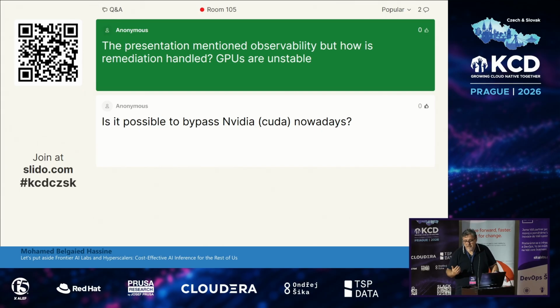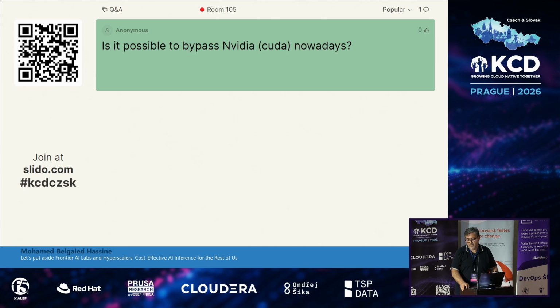I don't know why there is this declaration that GPUs are unstable, but GPUs are like CPUs, right? It's really compute, but done in a different, more parallel way. So handling should be more or less similar: you evaluate the load, you avoid having memory that is full, this kind of approach. I don't know exactly what is meant by that, but that's the answer that I can give.